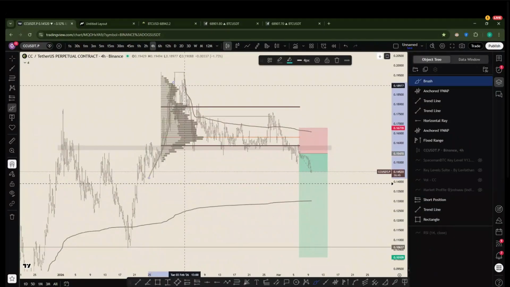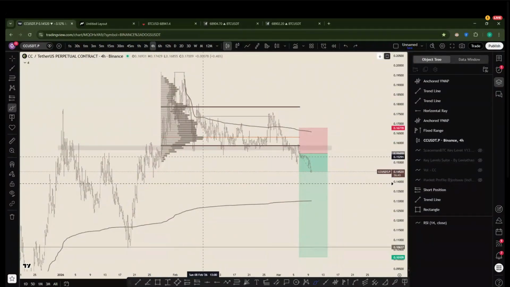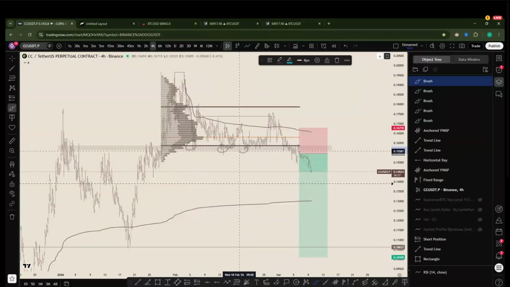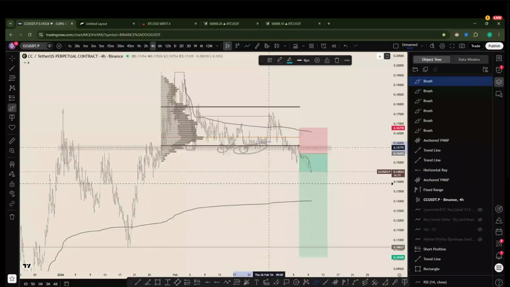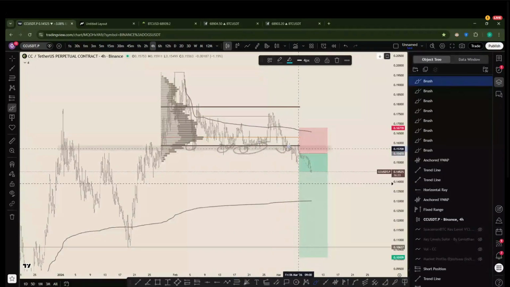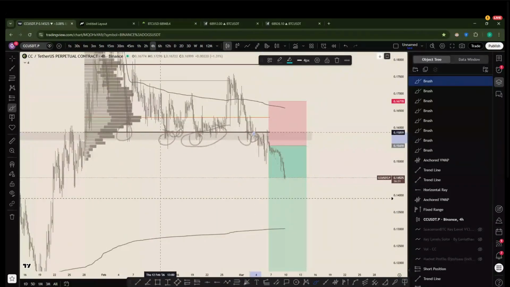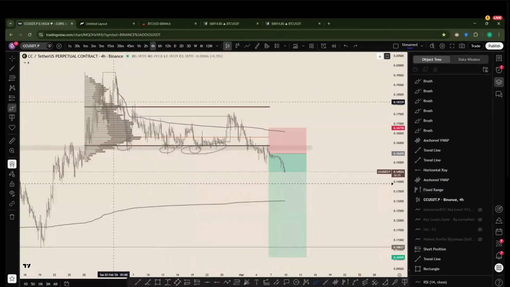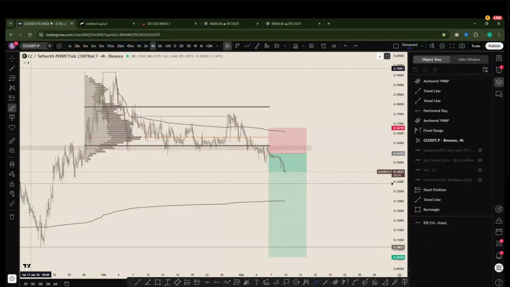Then the price broke out, and the very first level where price bounced from was this one, five times, and you can see the cluster around there, and six and seven. Once we broke out of this support, that was your retest. Do you see how significant this support level was for CC?